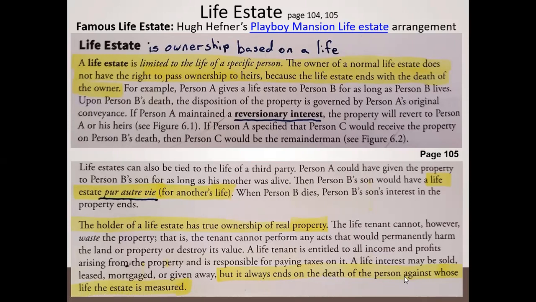But it always ends on the death of the person against whose life the estate is measured. So let me know when you get this highlighted. We already got this before. This is on page 105, just underneath that diagram.